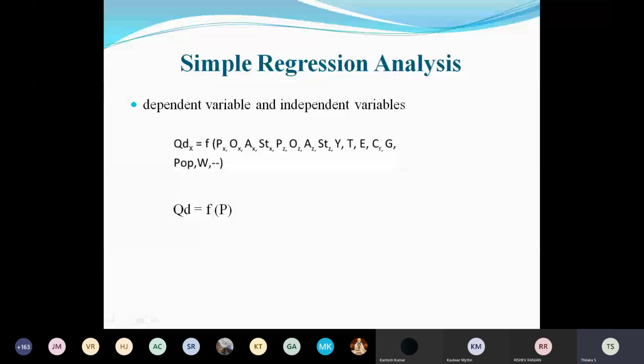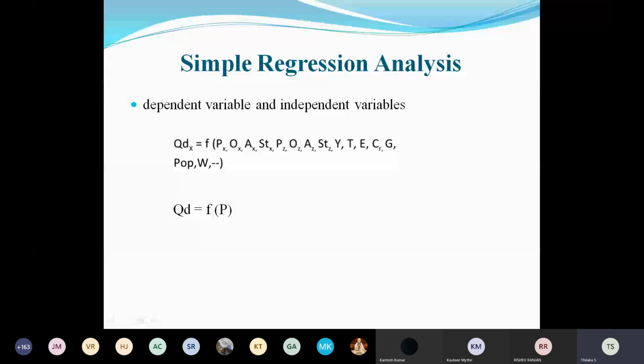In that category comes the multiple regression analysis, but we stick to the simple regression analysis, which has only two variables. One is independent, the other is the dependent variable. For example, the law of demand says the quantity demanded depends on the price of that commodity alone, and we are ignoring all other factors. So in the law of demand we have only two variables, the quantity demanded and the price of the commodity.